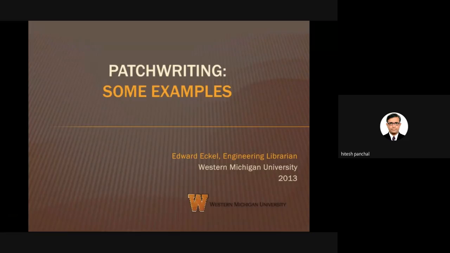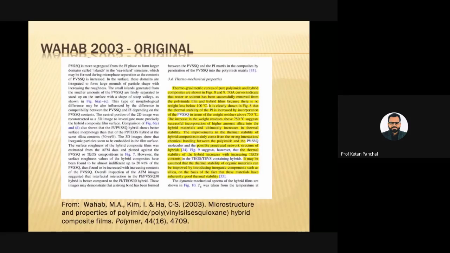Examples of how text from one research paper can be picked up word for word and multiple other papers without proper attribution. The examples shown here fall into the category of patch writing, as explained in the previous video. They may not be severe plagiarism, but they still fall outside of proper scholarly writing practices. The section of writing I am showing you now comes from a paper by M.A. Wahab et al., published in 2003 in the journal Polymer.